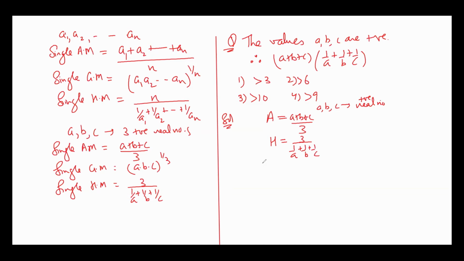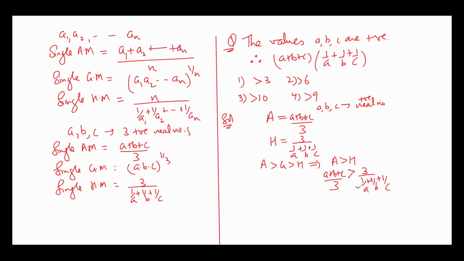Now what I have to do is use this relation. In this case, I use that if A is greater than G, and G is greater than H, then A is greater than H. Now what I am doing, I write A here, A plus B plus C by 3. I write H here, 3 upon 1 by A plus 1 by B plus 1 by C. And I put this sign here.